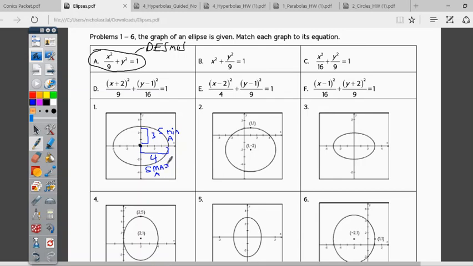So 4 is equal to A, and 3 is equal to B.